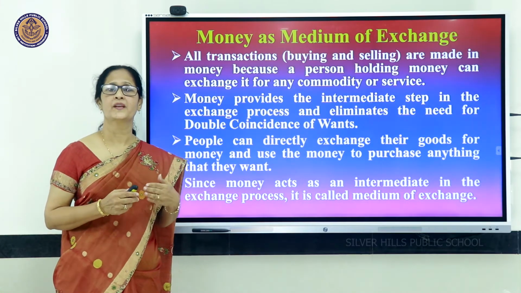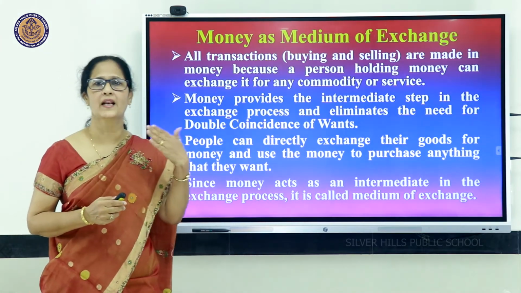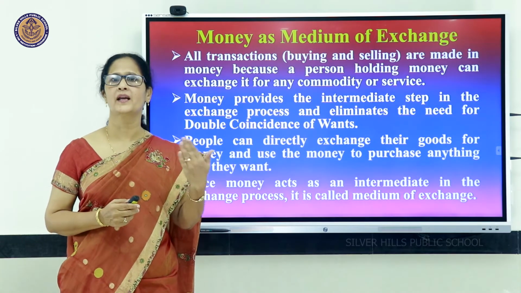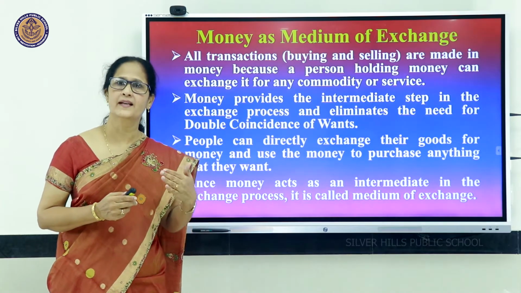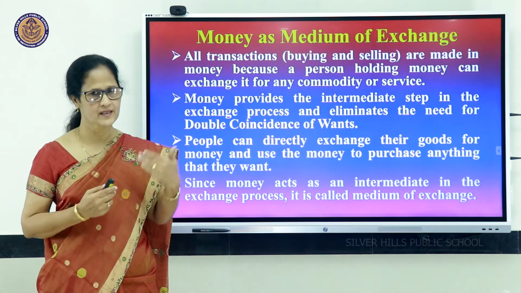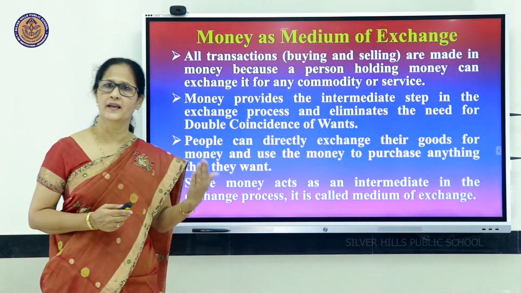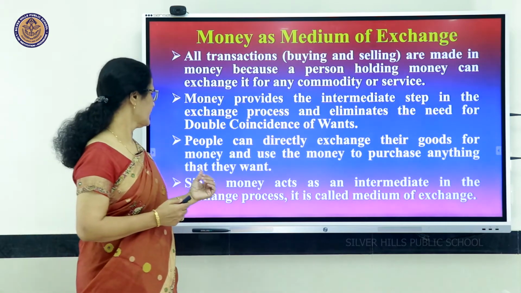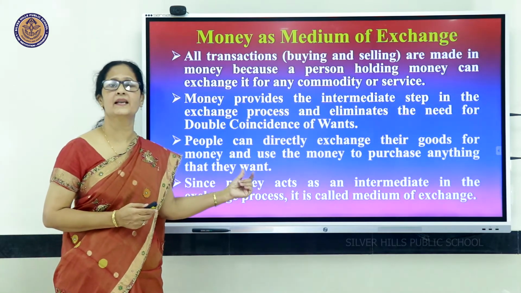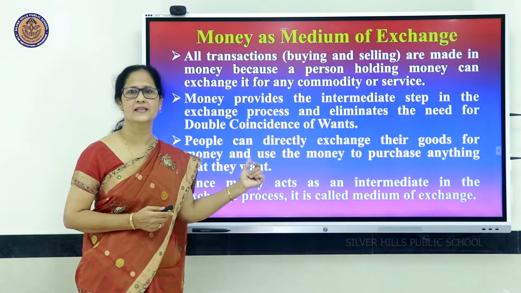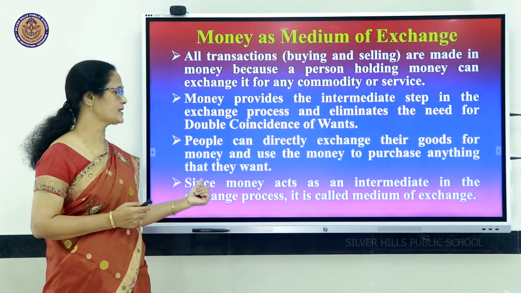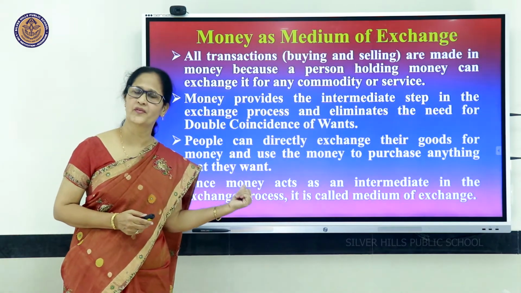For example, a person wanting to sell bags and buy books can sell his bags, get money, and that money can be used for buying books. Since money acts as an intermediate step in the exchange process, it is called a medium of exchange.